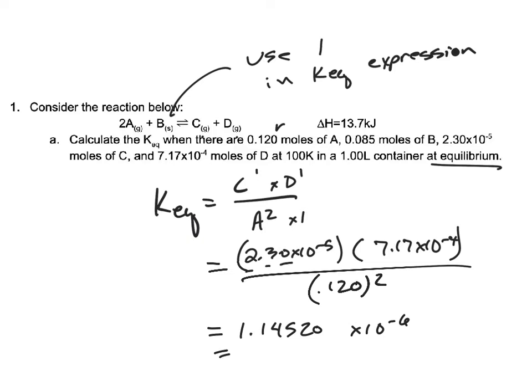Since all of these numbers have 3 significant figures, we have to round this number to 1.15 times 10 to the negative 6th. And there are no units for this. All of the concentrations end up canceling out. So the K_EQ expression is just the number 1.15 times 10 to the negative 6th.